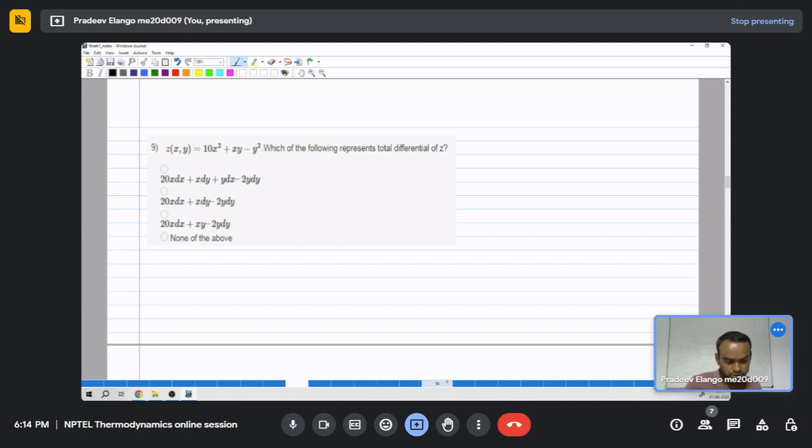Which of the following represents the total differential of z? The total differential dz can be written as dou z by dou x into dx plus dou z by dou y into dy. So dou z by dou x, from here you can write, is 20x dx plus y dx, plus if you differentiate it partially with respect to y, you will have x minus 2y into dy.